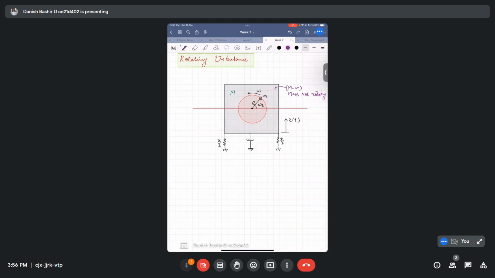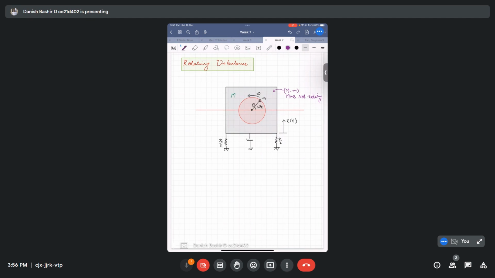So let me write it here also. Total mass of machine is M, and mass that is not rotating is M minus m.